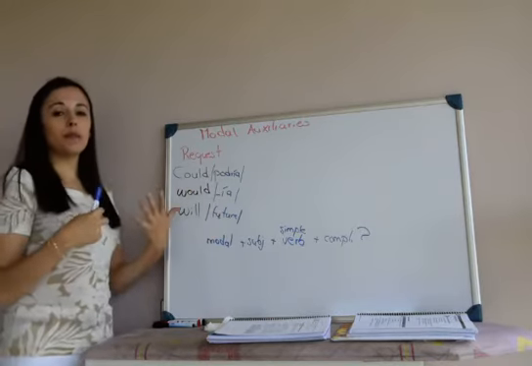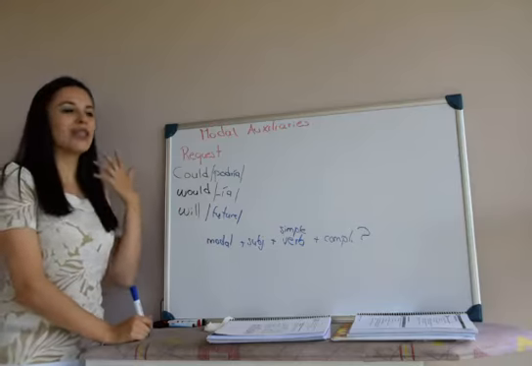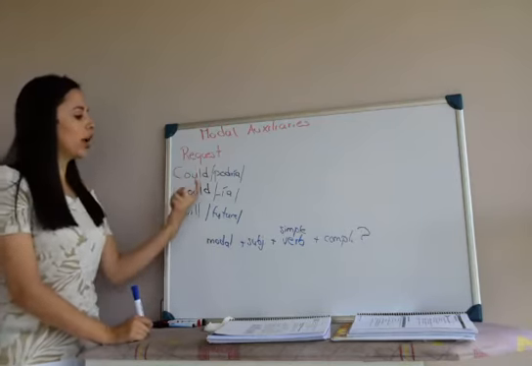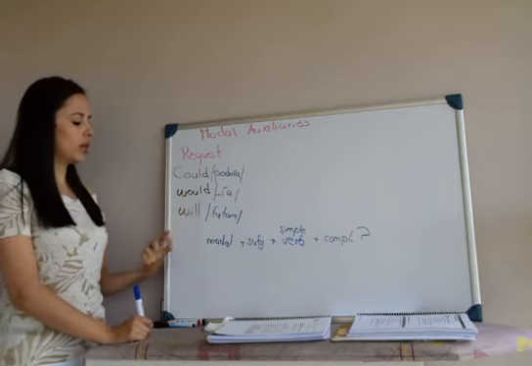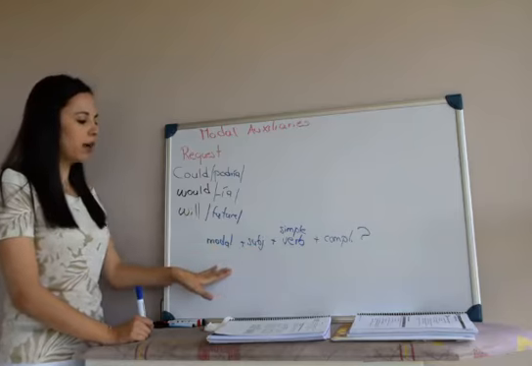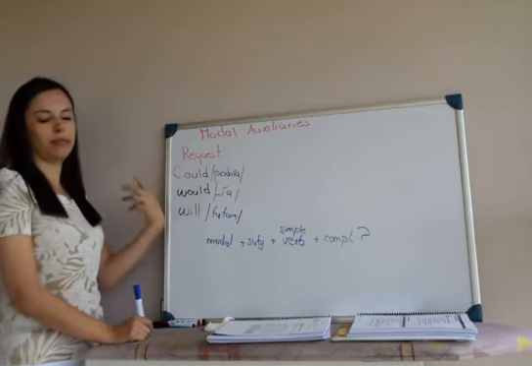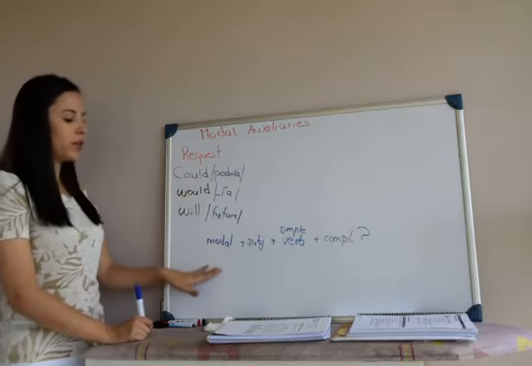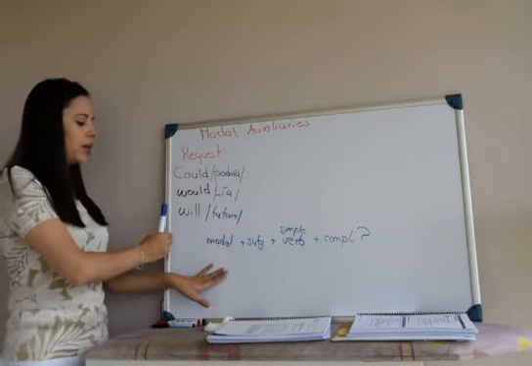So when you want to make a request, when you want to ask someone for something, you can use any of these 3 modals. And this is the structure or the formula that you need to follow in order to ask for help or to make a request. First, you start with the modal, any of these 3.